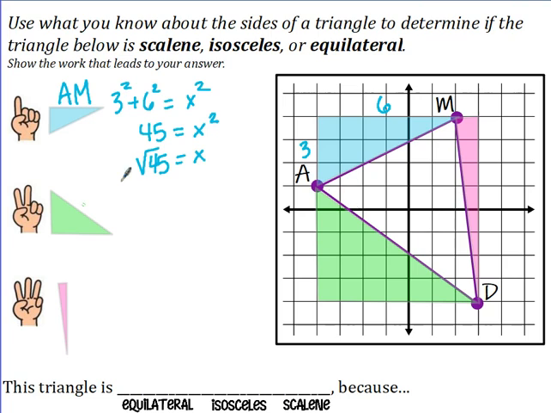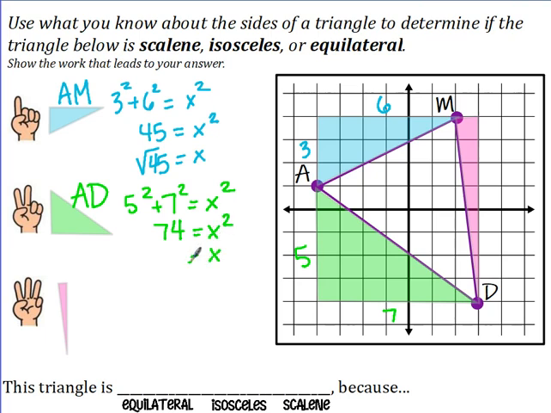To determine the length of AD, I'm going to have to use the Pythagorean theorem on this green triangle. 1, 2, 3, 4, 5. Here's 5. 1, 2, 3, 4, 5, 6, 7. So my math looks like 5 squared plus 7 squared equals x squared. 5 squared is 25 and 7 squared is 49. So we're looking at 74 is equal to x squared.